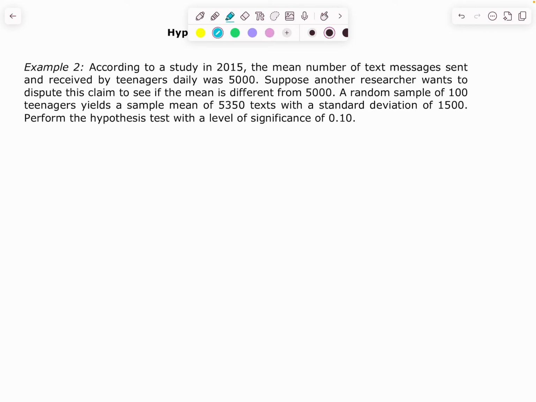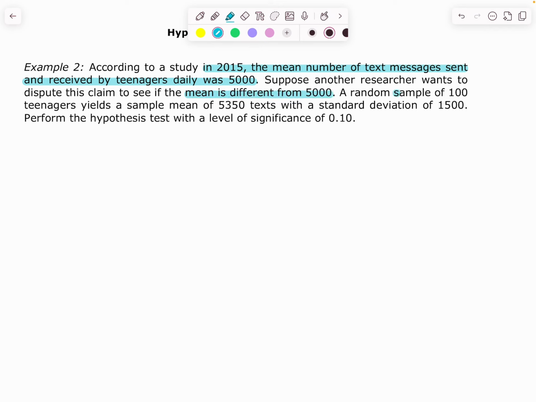So from all of that, in 2015, the mean number of text messages sent and received by teenagers daily was 5,000 messages. This researcher wants to see if the mean is different from 5,000.